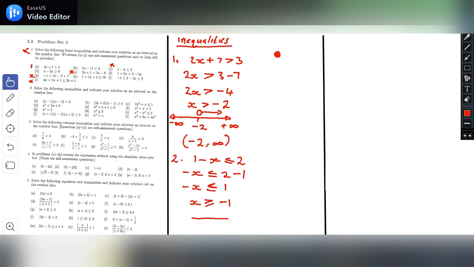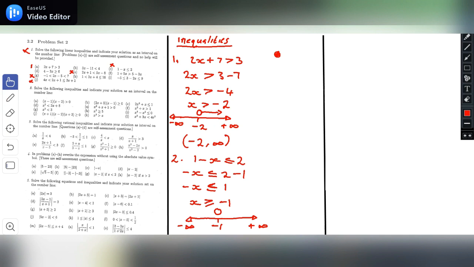Then when we represent it on the number line, we have negative infinity always, positive infinity always. Here it's negative 1. Then we have our circle, but it's not open because we have equal to. Can you guys see it?